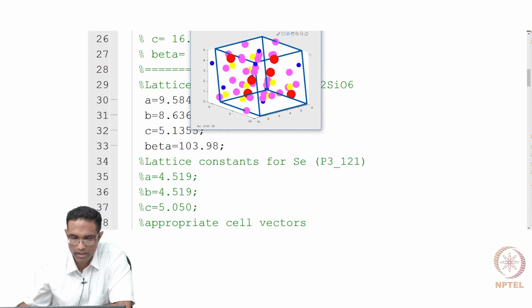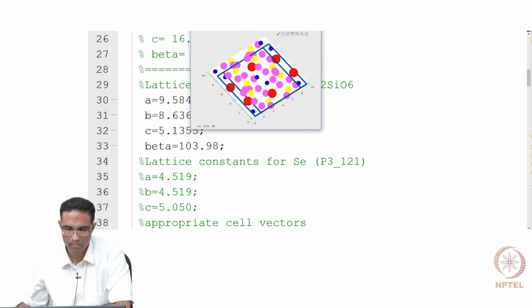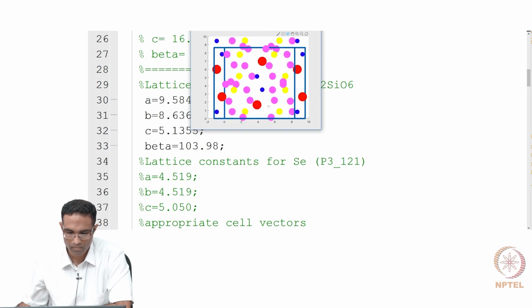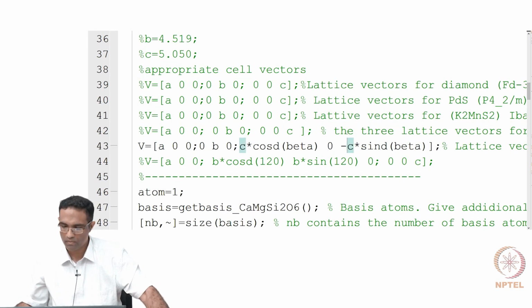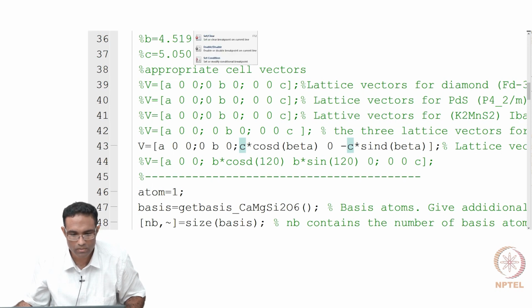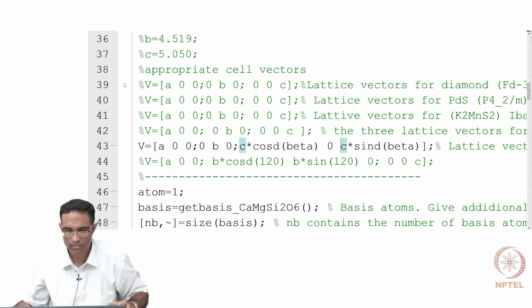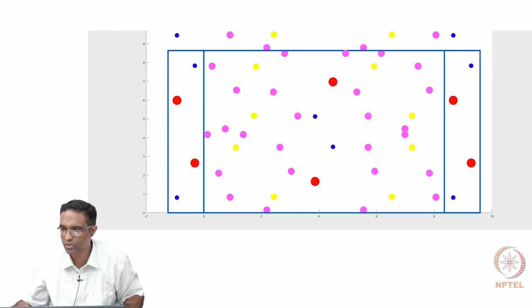I would like to view it in a slightly different way, but I need to try something here. Nah, it's wrong. This is right. So this is your crystal structure for CaMg2SiO6.